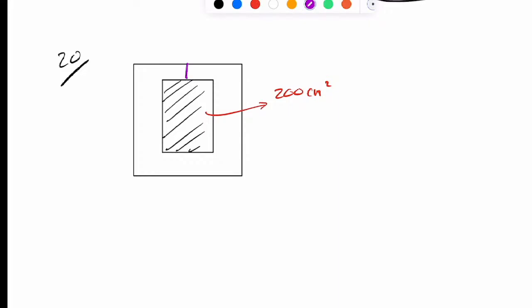The top and bottom are 8, so like this is 8, this is 8, and then the sides are 4. And they want the dimensions that give minimum area. So I want to minimize the area of the poster.